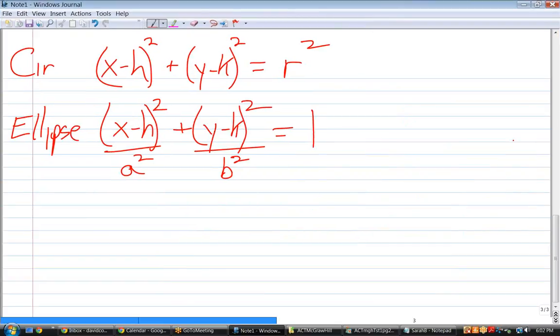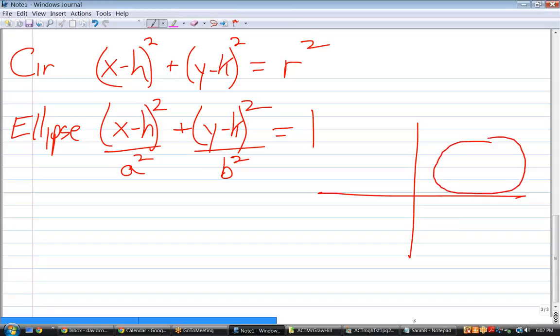Now let's talk about what a and b are. First of all, h and k are the center of the ellipse. So whatever the coordinates are at the center, that's my h and k. An ellipse has a major axis. Half of that is what I call the major radius, that's A. It also has a minor axis. Half of that, that's B.